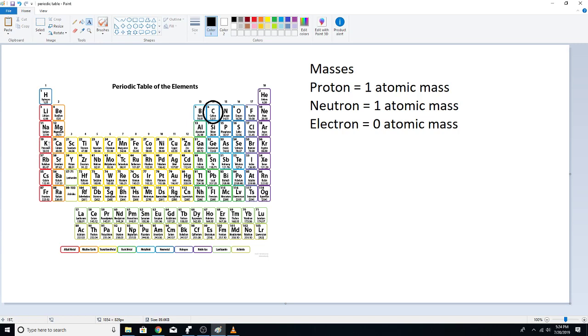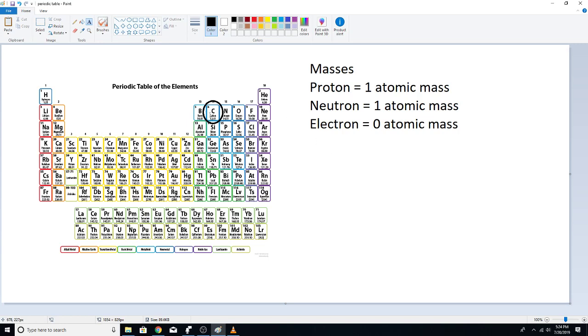But then an atomic mass of 39.1. So are we saying that you can get 0.1 of a neutron? No. How it works is usually when scientists measure the proportions of the different isotopes.